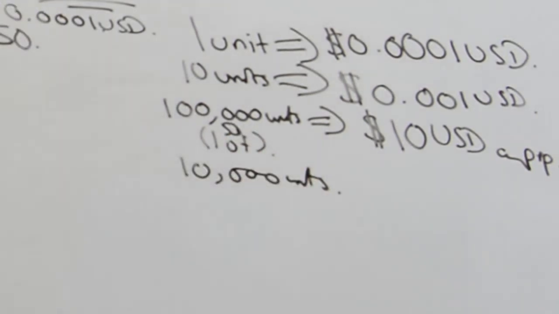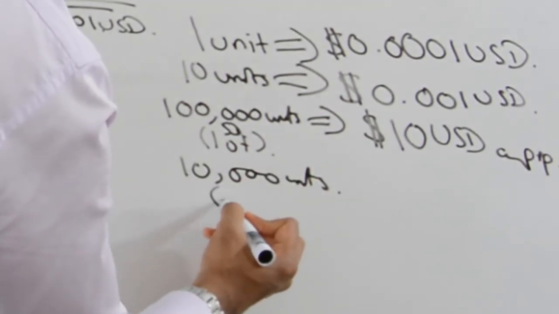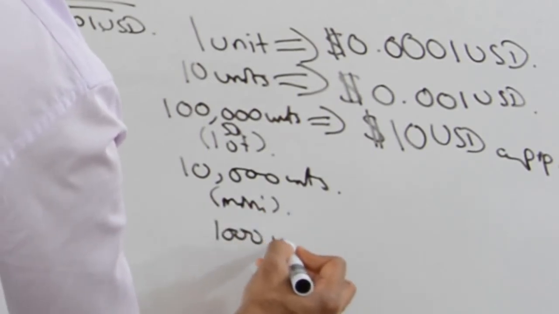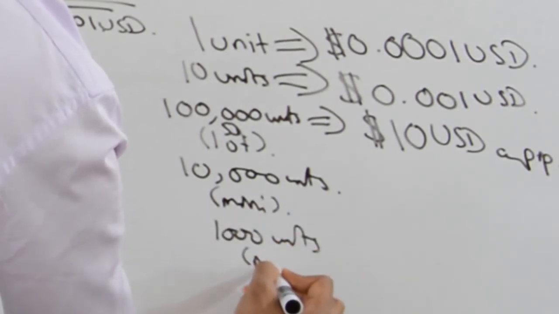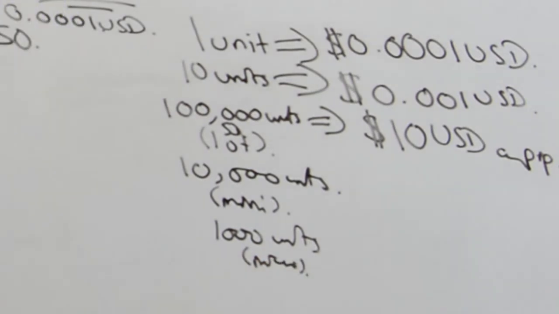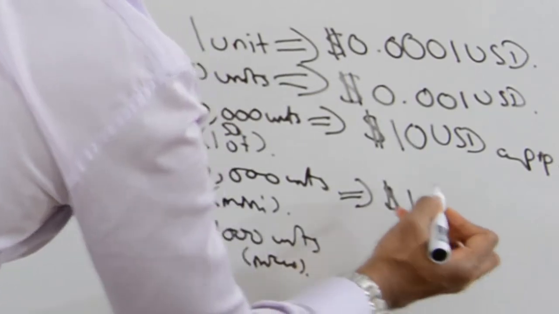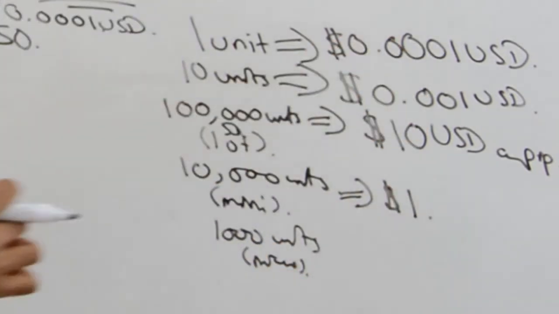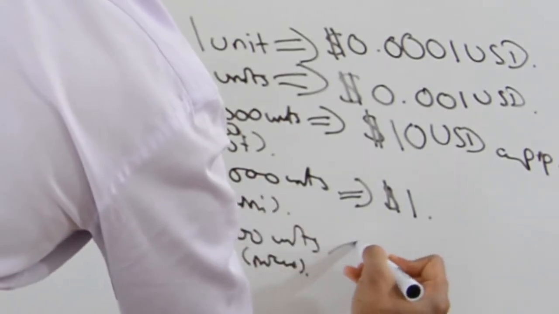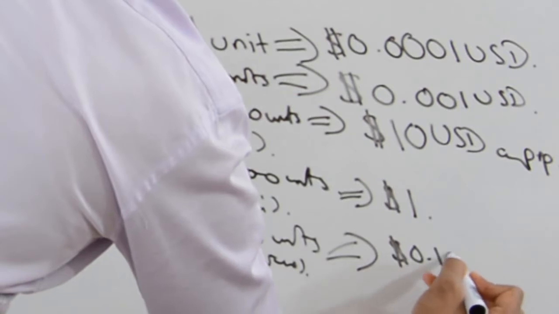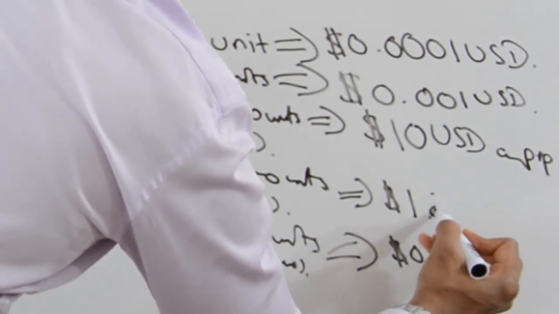And 10,000 units would be basically a mini lot, and 1,000 units would be a micro lot, right? So in terms of 10,000 units, that will equate to usually $1 a pip. Basically, all I'm doing is 10,000 times this amount here, 0.0001 US dollars. And over here, it will be basically 10 cents a pip, right? 10 cents a pip.